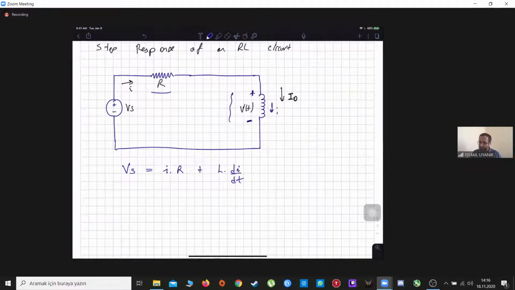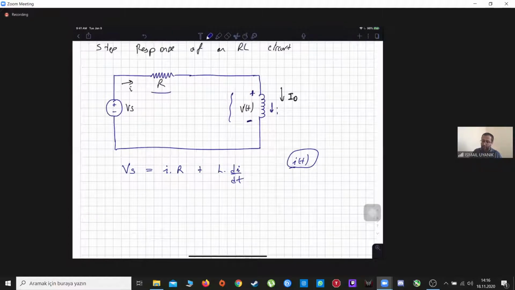So this is the equation we have. In this equation, what we are going to solve for first is i(t). We need to calculate the inductor current. That is the important parameter for the inductor. So how can we get it? This is again a first order differential equation.